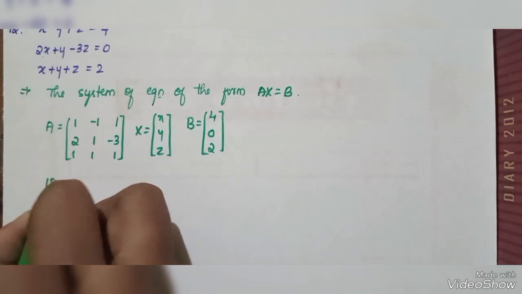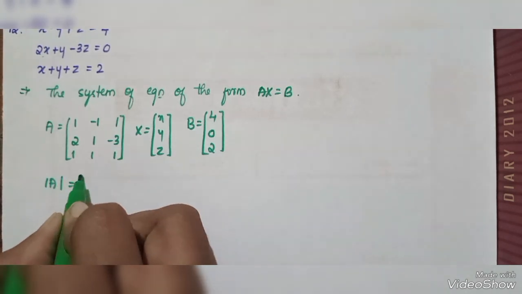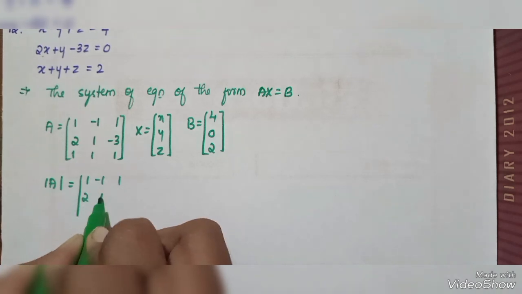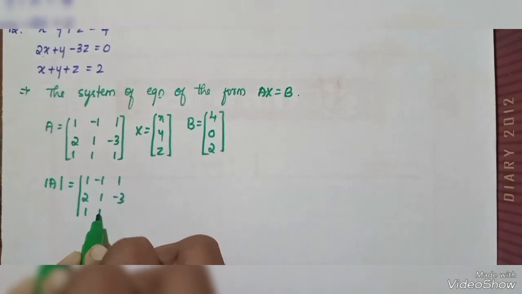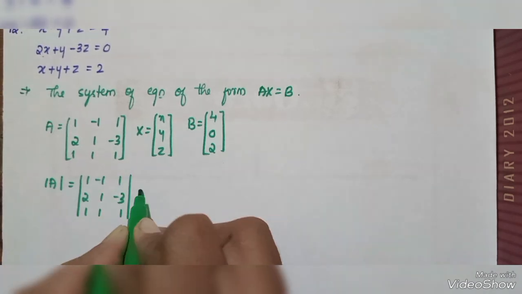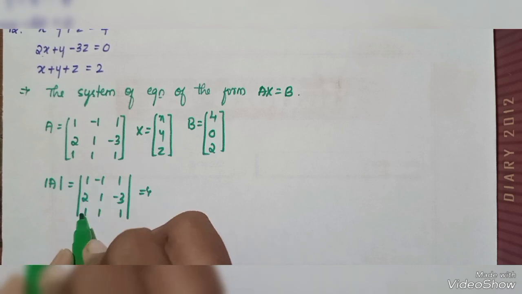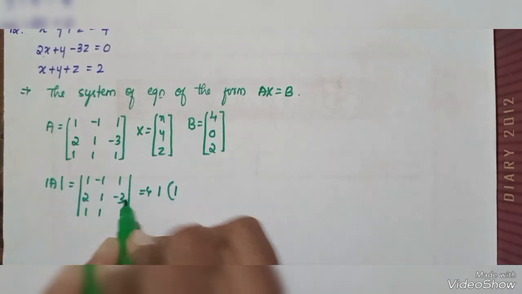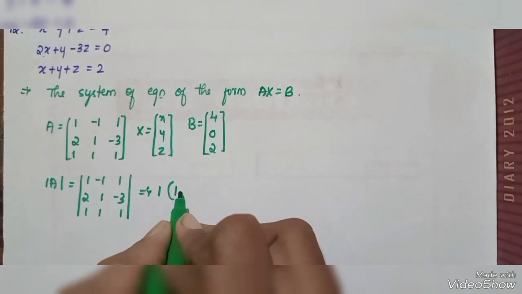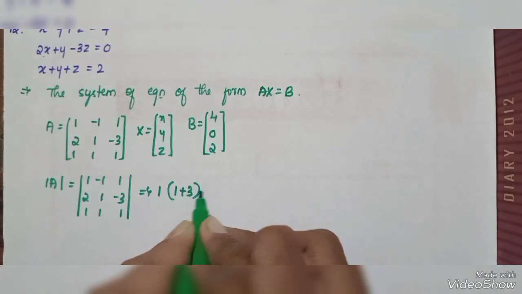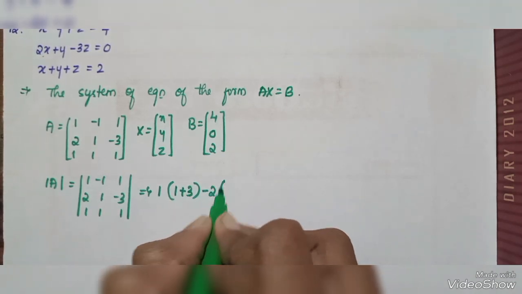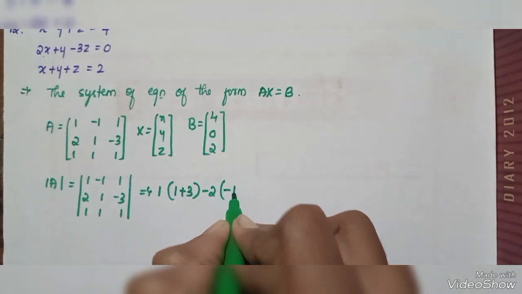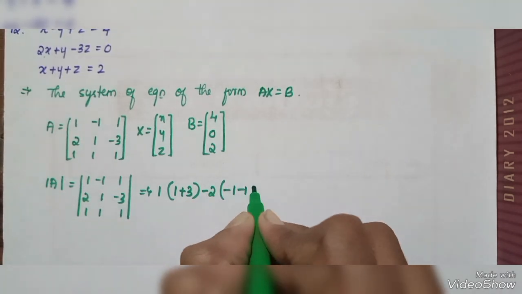Here determinant of A is equals to 1, minus 1, 1, 2, 1, minus 3, 1, 1, 1. Now have to find the determinant by using row 1. Into, here 1 into 1, 1 into minus 3, there is a 1 minus, it becomes plus 3. Minus 2, neglecting this row and column, minus 1 into 1 minus 1, 1 into minus 1.